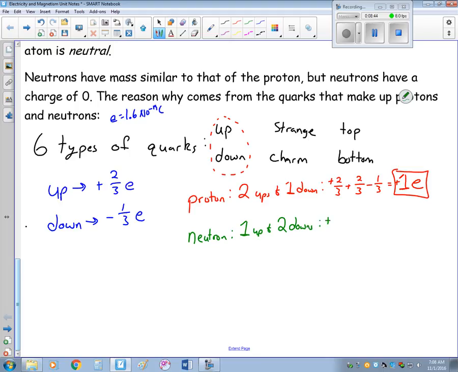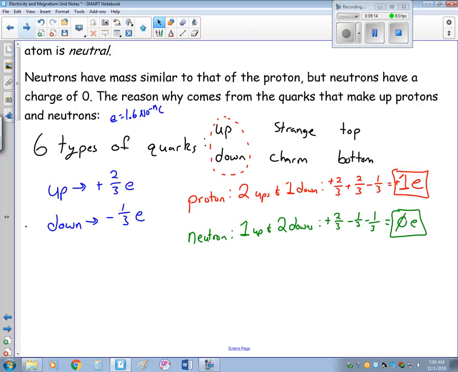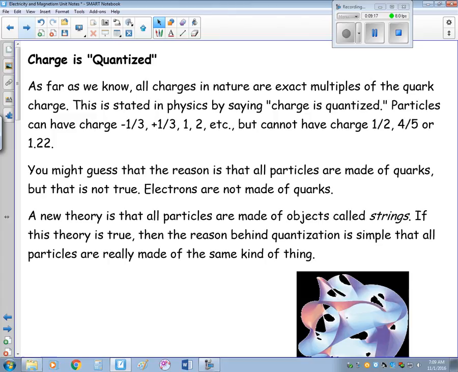So that's positive 2/3 minus 1/3 minus 1/3, which equals 0 elementary charges. So the reason why protons are positive is because of their quark configuration, and the reason why neutrons are neutral is because of their quark configuration. Charge itself is quantized. So as far as we know, all charges in nature are exact multiples of the quark charge.